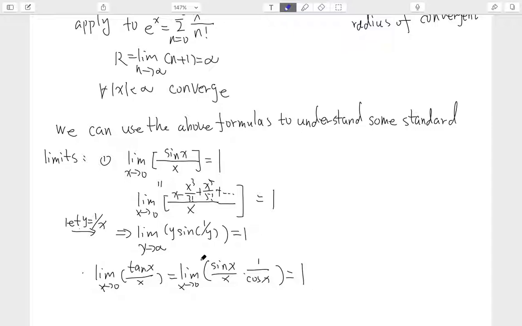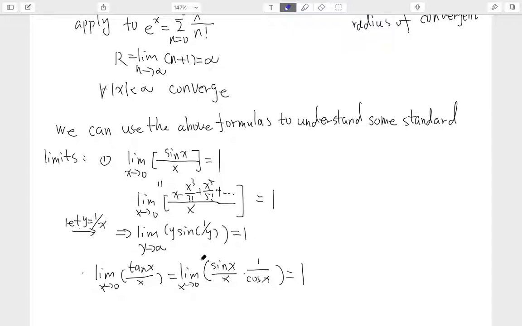And in other cases, if we do an equivalent substitution, let y equal 1 over x, we can find that when y tends to infinity, the limit of y times sin(1 over y) is equal to 1. And the final limit I would like to talk about is tan x over x when x tends to 0.